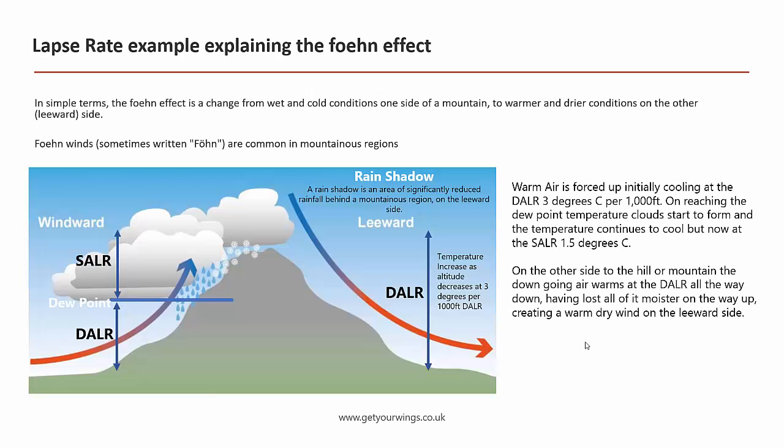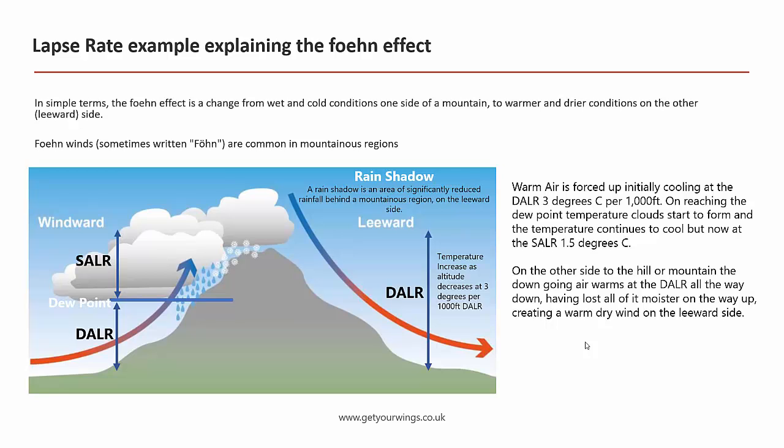If we look at the Föhn effect, which in simple terms is the change from wet, cold conditions on one side of a mountain to warmer, drier conditions on the other side of the mountain, known as the leeward side. So the air coming from the windward side is pushed up and cools at the dry adiabatic lapse rate until it reaches the dew point.